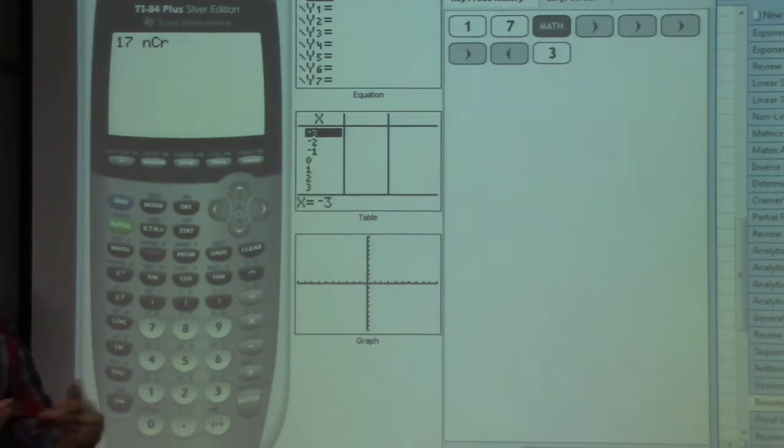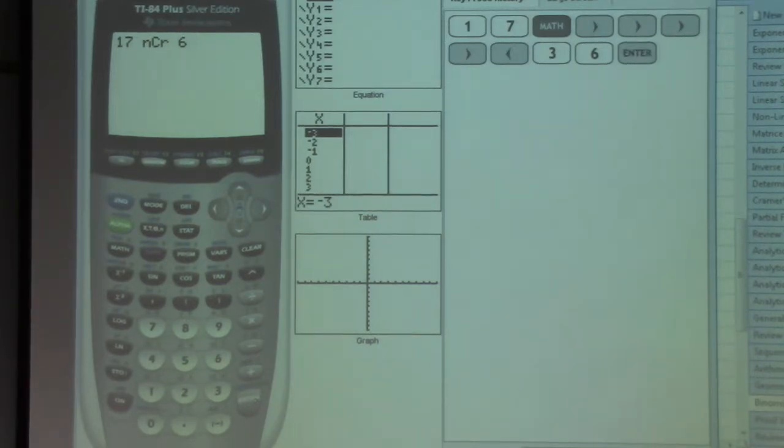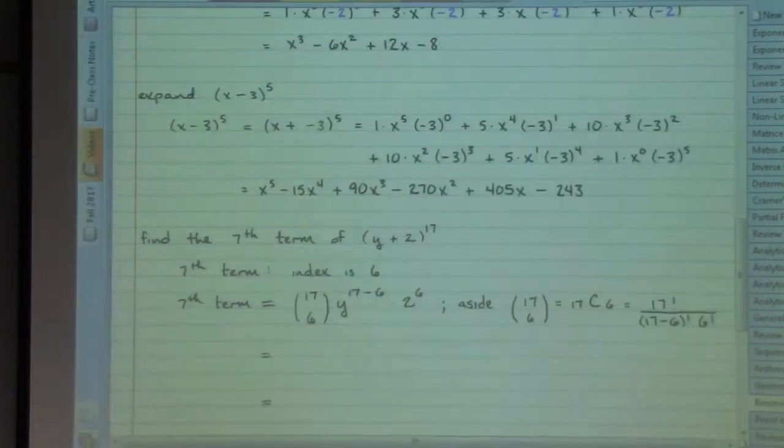And then we need to tell it the second part of this calculation, which is the 6. Then if we hit enter, we should get that coefficient, 12,376. Our y would have a power of 11.